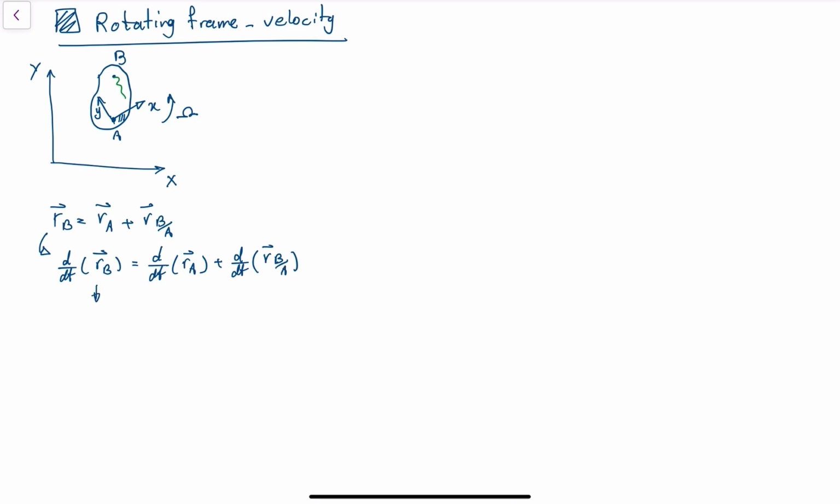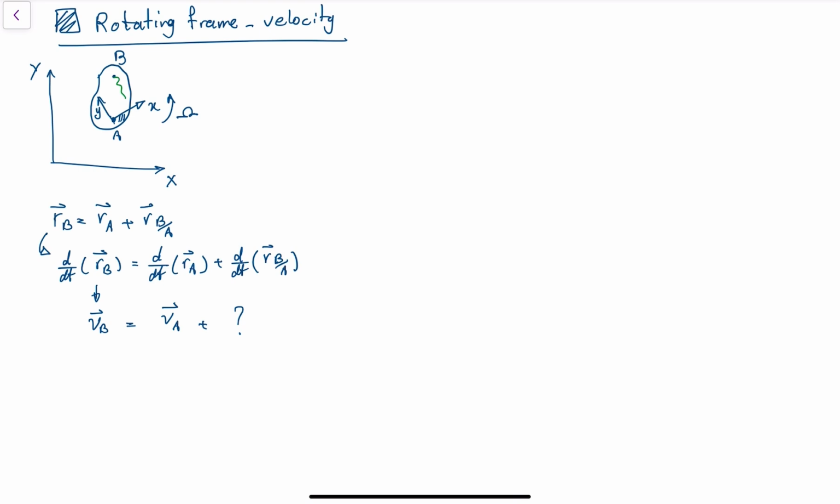This one is what we are trying to find. This is velocity of B in the base frame, equals velocity of A in the base frame, plus something. This something is actually quite something.